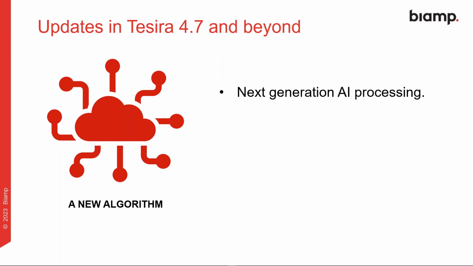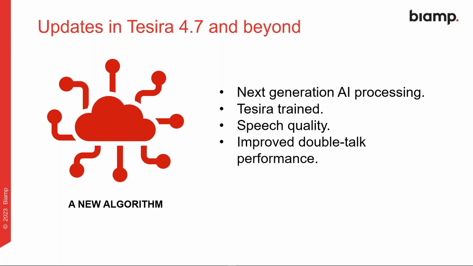It's an all new algorithm, and it's been Tessera trained. So the machine learning process has fed it lots and lots of signals that are relevant and common to a typical Tessera system with different microphone types, different room geometries, that kind of thing. And by doing so, we've managed to provide an algorithm that reduces noise in a meaningful way and reverb, but while retaining speech quality in a much better way.